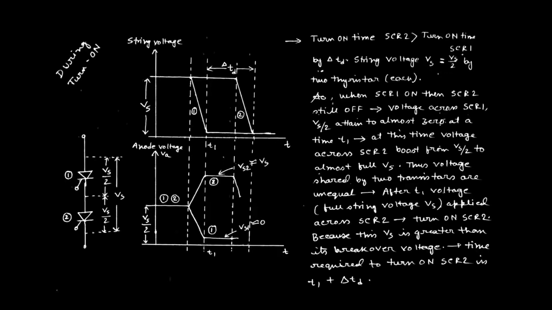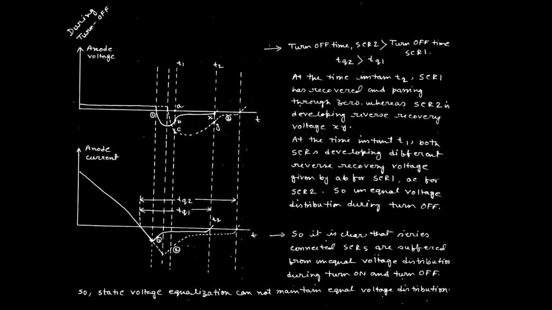Okay, see, during turn off we know the SCR can be turned off by reducing the anode current to a point around the holding current. Suppose, to explain this part properly, we assume the turn off time for SCR2 is large with respect to the turn off time for SCR1.